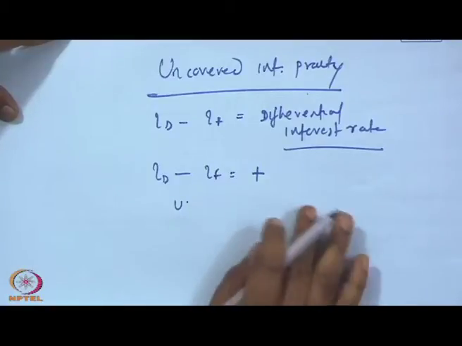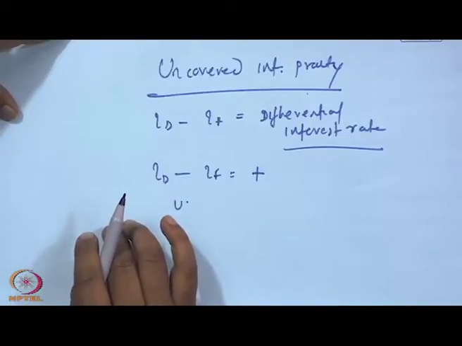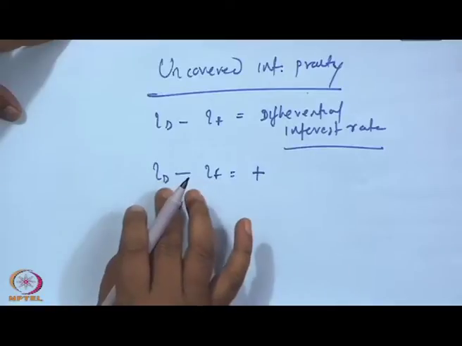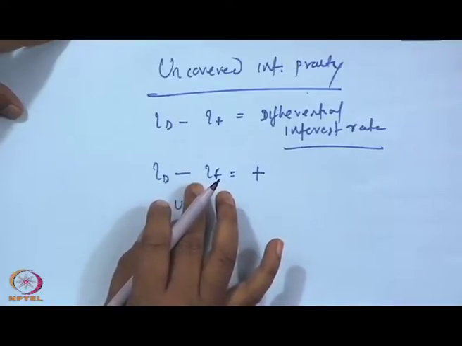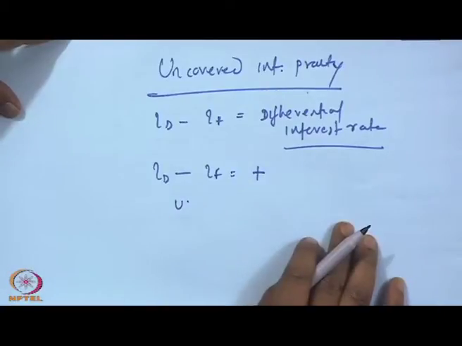It is not working through the forward premium; rather, the trader expects that the interest rate differential between India and US is positive, so depreciation of rupee may take place further, and this expectation leads to flow of currency.